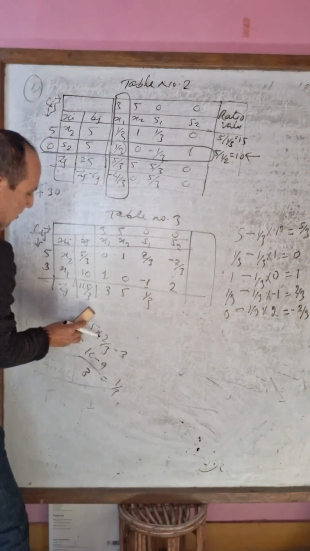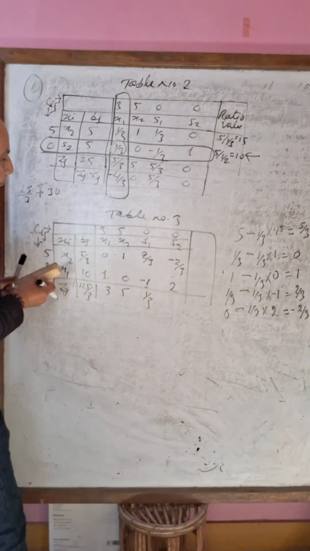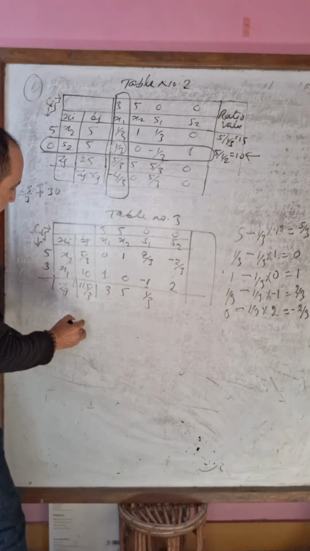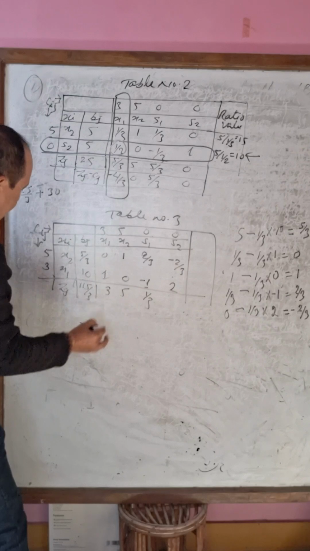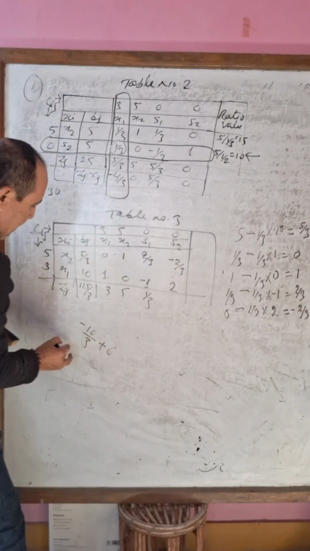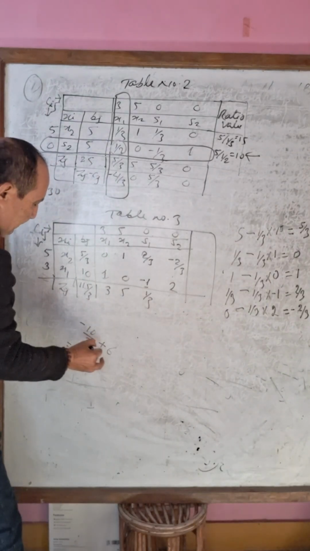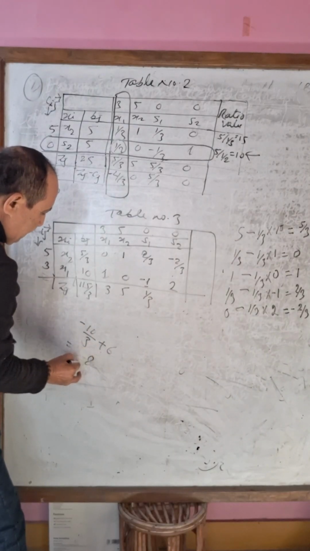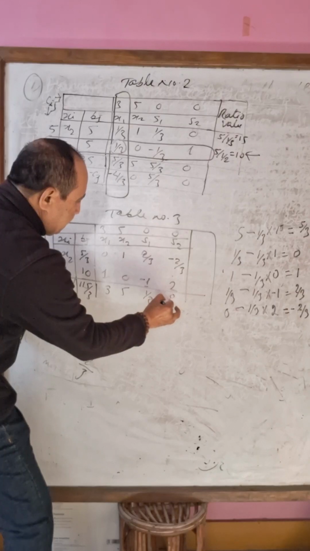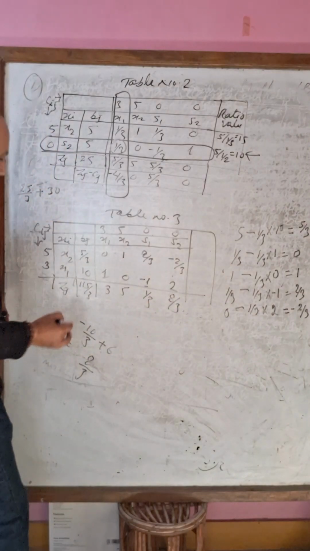And here, what will be the value? This value is minus 10 by 3, and after that plus 6, that is 18. 18 minus 10, 8 by 3. This is 8 by 3.